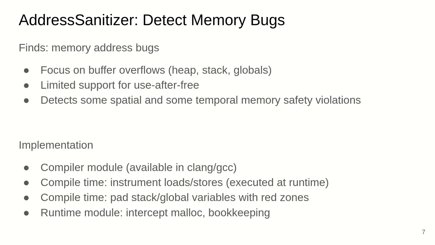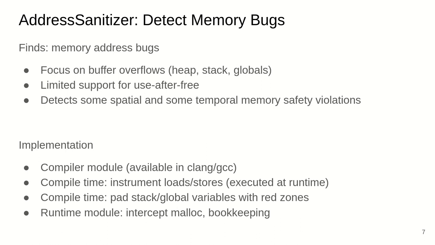So AddressSanitizer finds memory address bugs, so different kinds of memory safety violations, with a focus on buffer overflows, on the heap, on the stack, on globals, like any out-of-bound access, AddressSanitizer will highly likely detect. There's some support for use after free if the use happens soon enough.